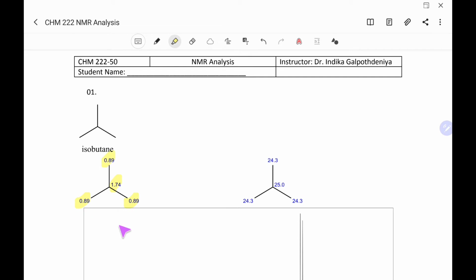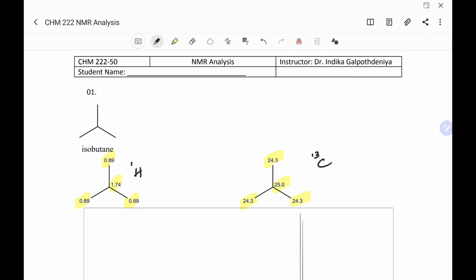The first set of data for isobutane is the proton NMR peaks, and the second set is C13 NMR, carbon NMR. We do not want to look at these values for now. They are just for verification purposes.